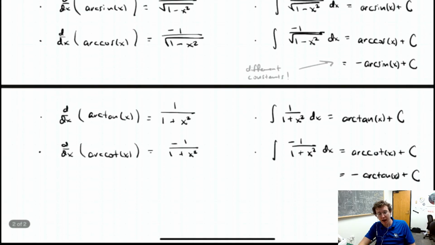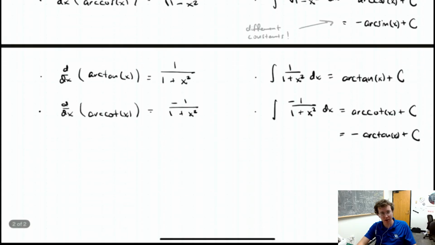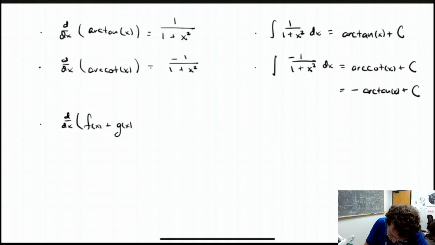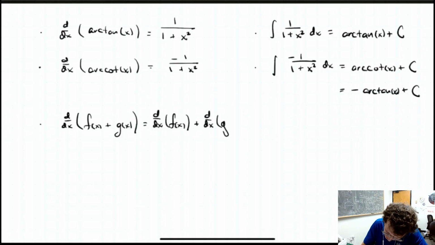You can also add any two of these together, or multiply by a constant multiple, or subtract two functions, or compose them, or exponentiate, or multiply, or divide. So we also have some rules that tell us how to combine functions together. The derivative of a sum of functions, for example, is the sum of the derivatives of the functions.